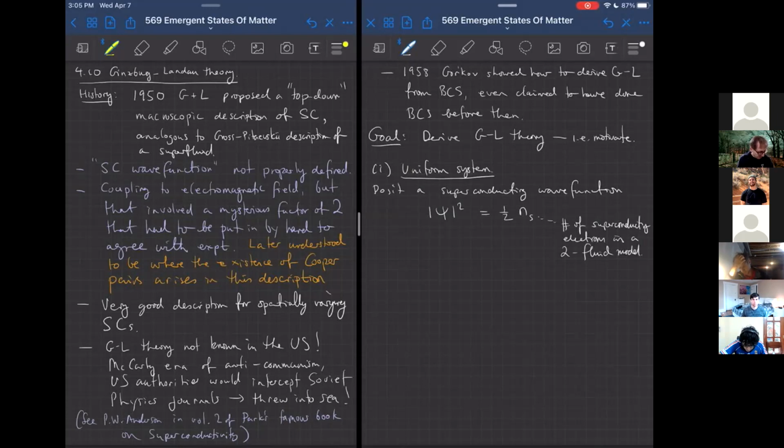So we're going to say that near Tc, we expect that psi is small, and so we can make some kind of expansion in the powers of psi.